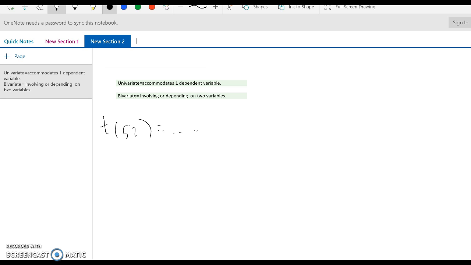So for a t-test, for paired data, we use a t-statistic.